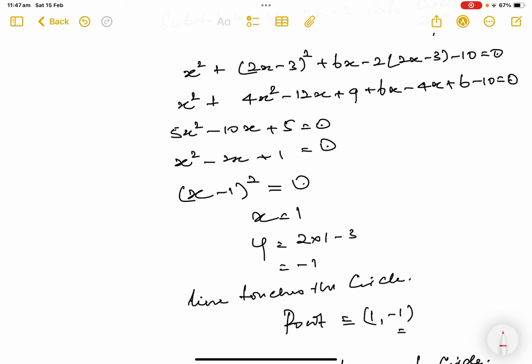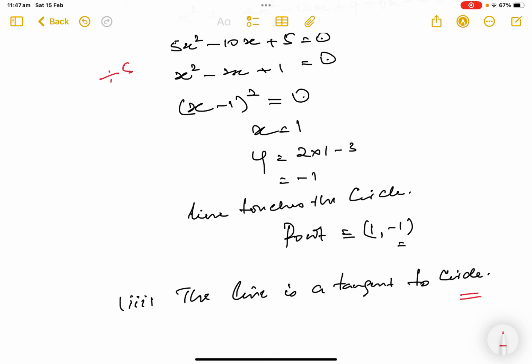If I divide both sides by 5, that gives us x squared minus 2x plus 1. We can factorize it, which is x minus 1 squared, a complete square. x minus 1 squared equals 0. Therefore x equals 1, only one value. We find y as well: y equals 2 times 1 minus 3, which is minus 1.